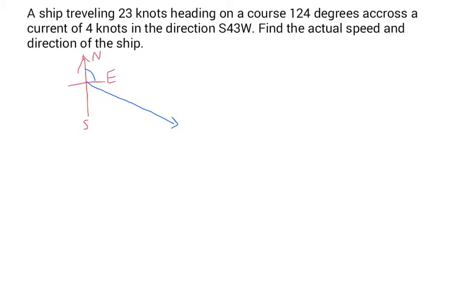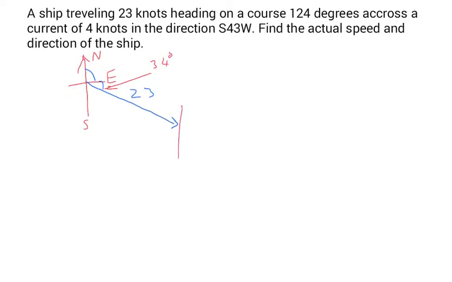That's 23 knots. So that means this angle in there will be 34 degrees. Because 90 plus 34 is 124.